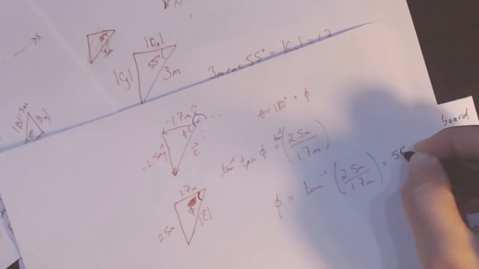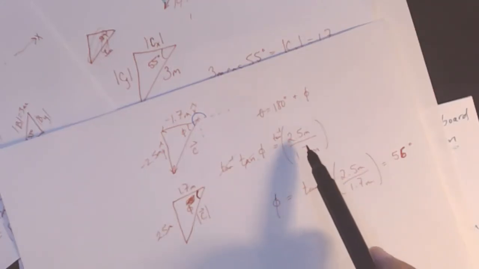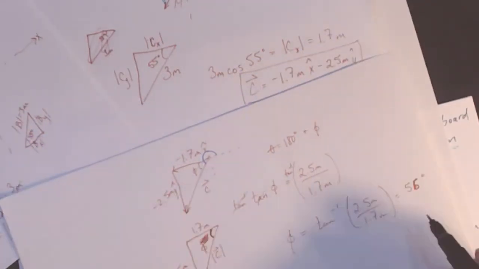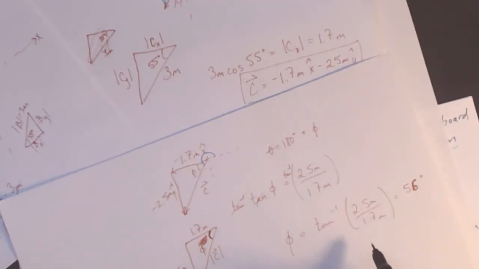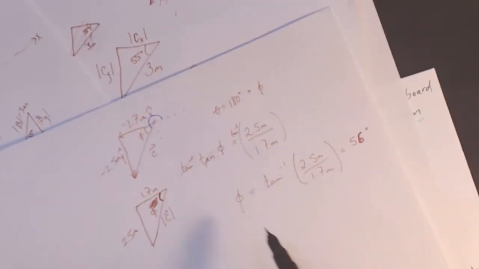55.7, so I get 56 degrees, and this is a rounding issue. I would have needed to keep more sig figs here to make sure that I got the exact same angle out that I had created those with. That's why it's slightly off, but the method's fine.